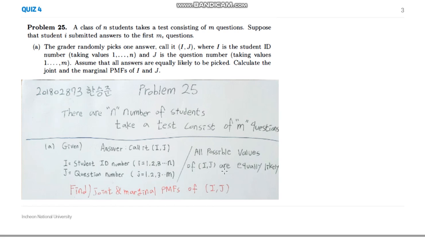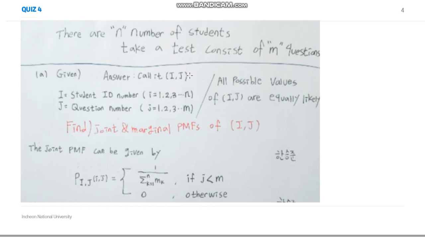So what does it mean? Look at here. The grader randomly picks one answer, and all possible values of (i, j) are equally likely. So the probability is equal. Part A says find the joint and marginal PMFs of I, J. So let's see. Here, the joint PMF can be given by P_{I,J}(i, j), and this is the joint PMF.